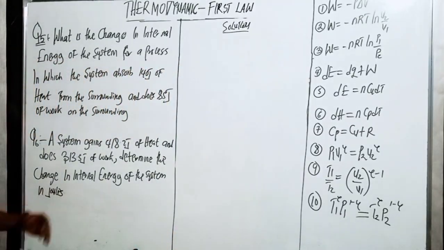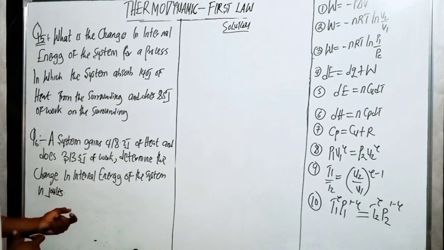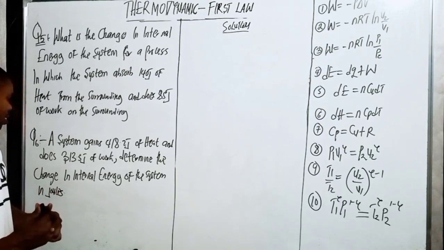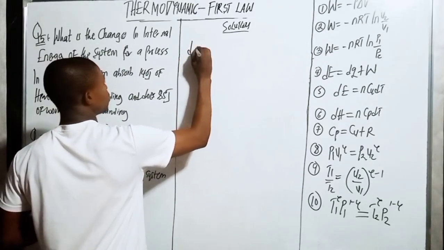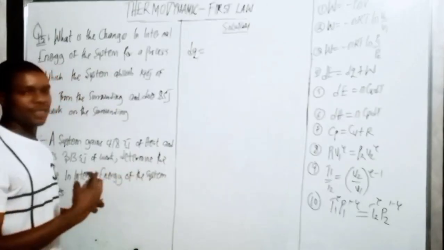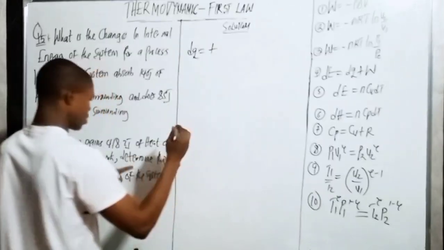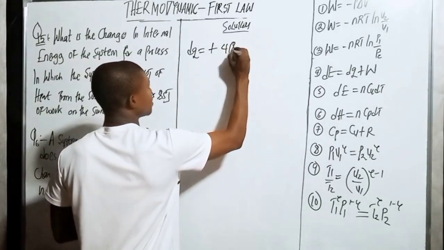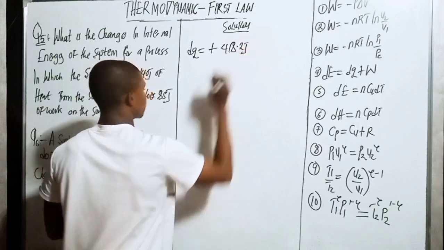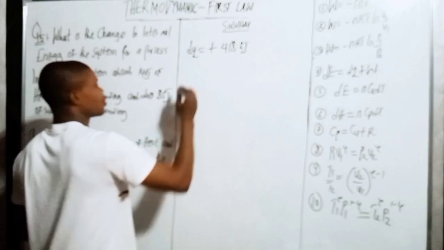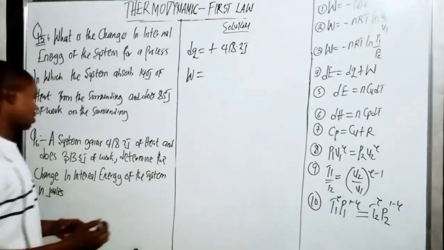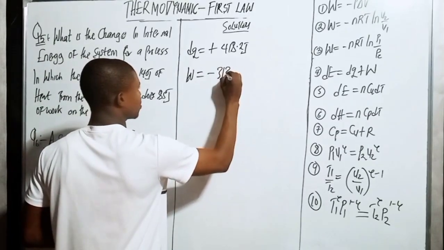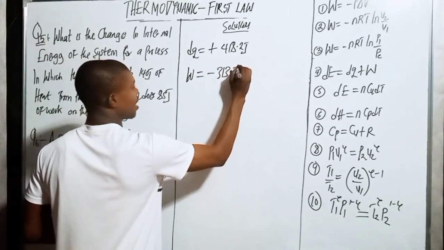Okay, so a system gains 418.2 joules of heat. So the system gains, so change in Q is equal to what? Because it gains, it is positive, plus 418.2 joules. And the system also does work. It's similar to the other one here. So work done by the system is also negative, minus 313.5 joules.